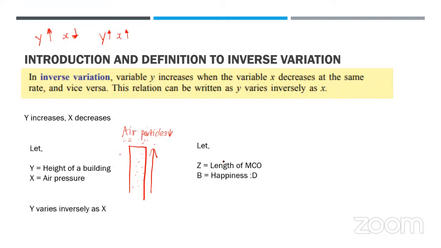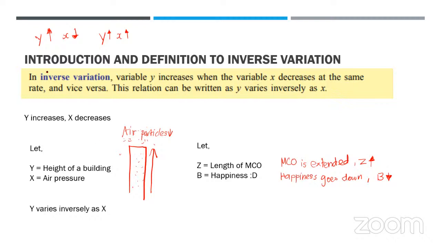This is just a funny example I came up with. Say, for example, one day, the government announces that MCO is extended. So this means that z increases. And when I find out about this news, my happiness goes down, or how you can express this in mathematical terms is b decreases.